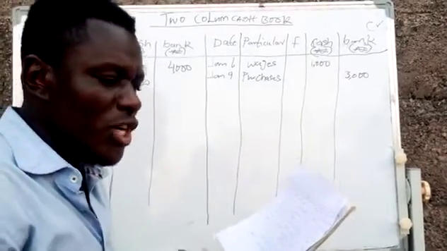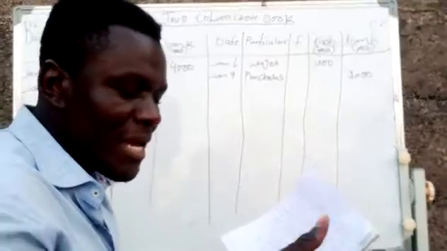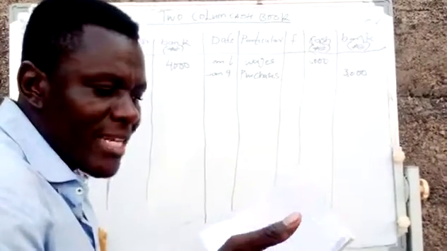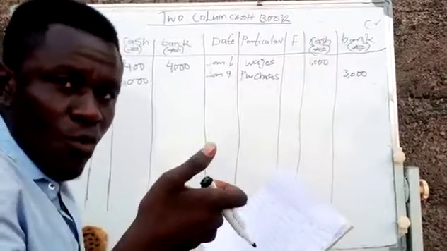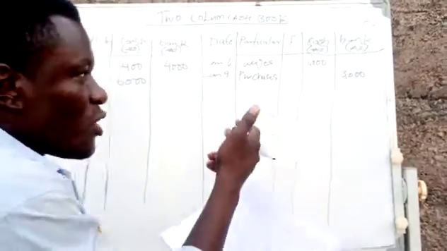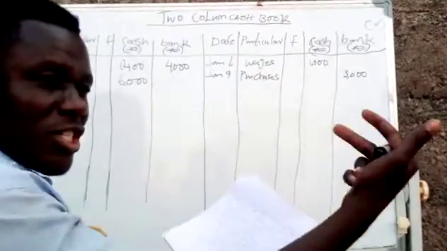On the 12th January, received from James by check. Received from James by check, which means it is an inflow, which means you're receiving a value from James, which means you're taking it on the debit side, because the debit side is the receiver.